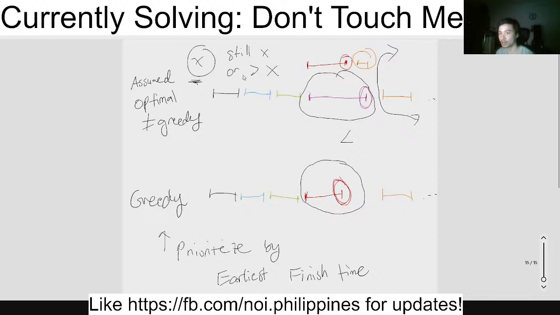So I've just argued that if you start with some random solution that you think is optimal but it's not the same as the greedy one, and you slowly transform that into the greedy solution, you will always just keep increasing the answer, or it stays the same. And that means this greedy rule is optimal. So yes, greedy is not going to be wrong all the time.